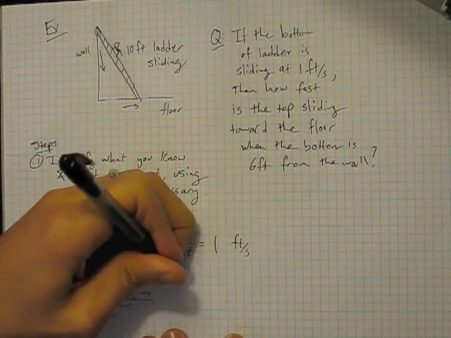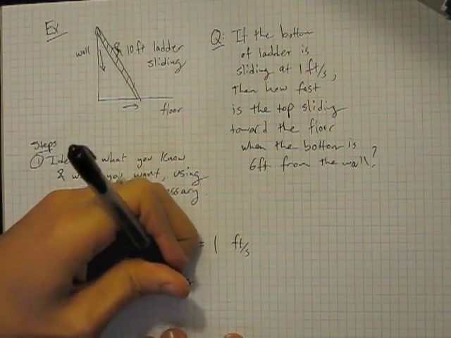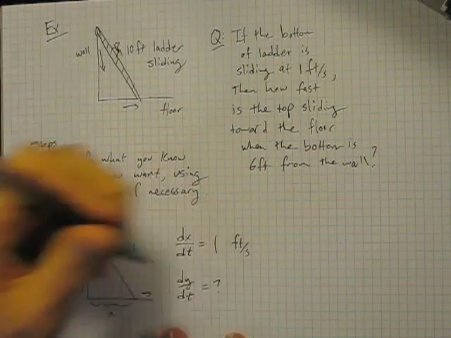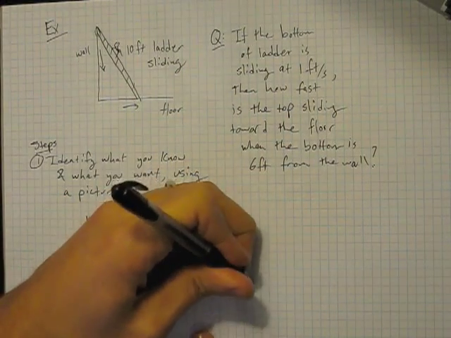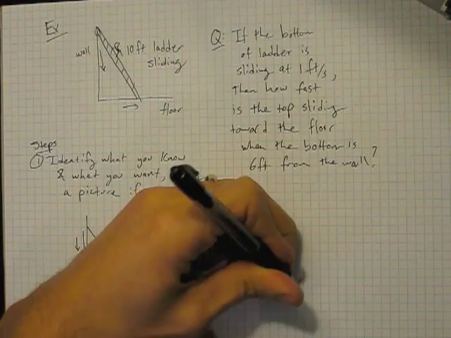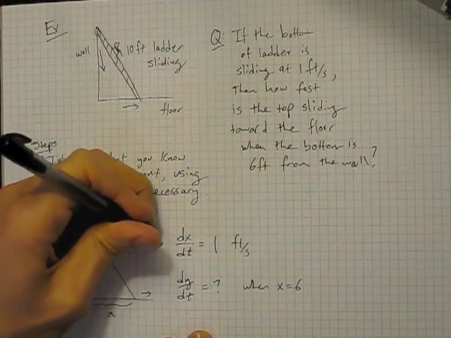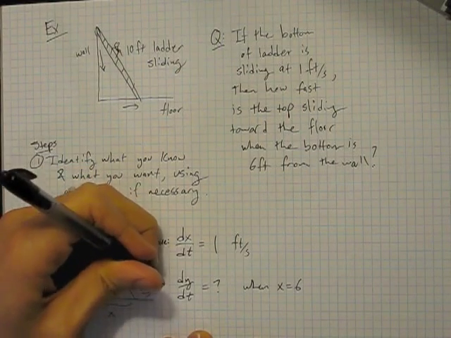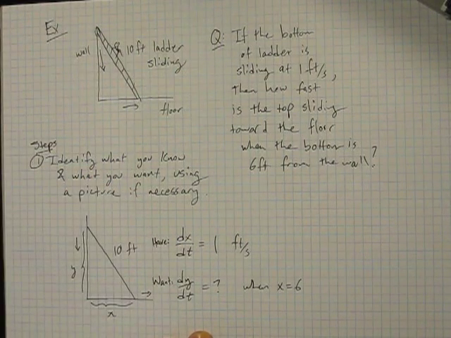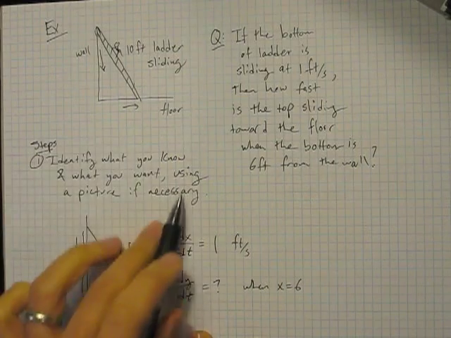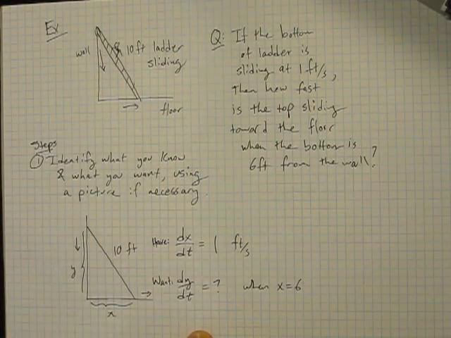What we want is dy/dt when x is equal to 6. Okay, so this is what we know, what we have, and this is what we want. So we've taken our unknowns and our knowns and written them out in math using some related rates.